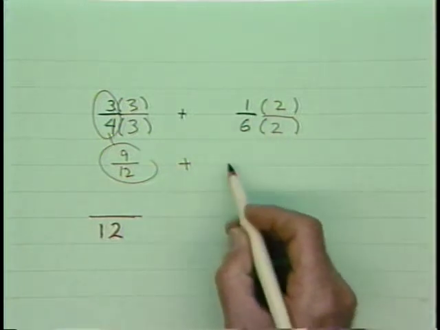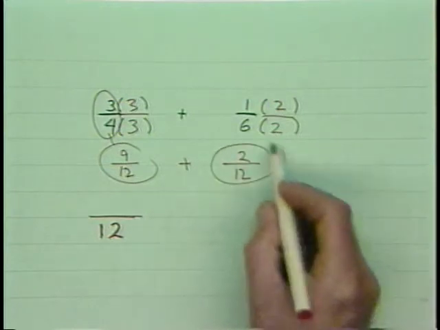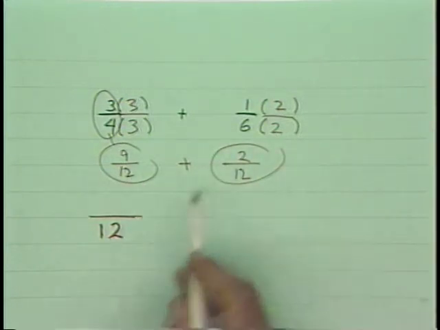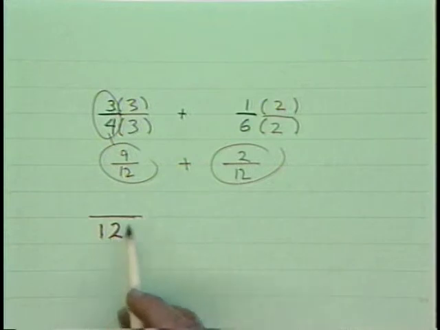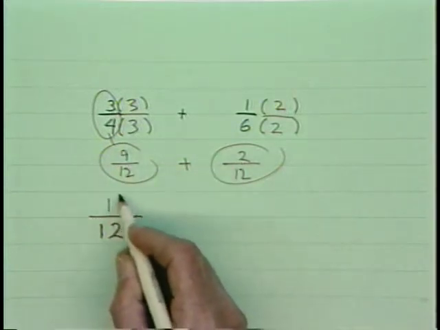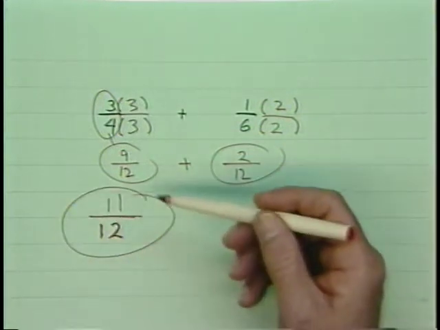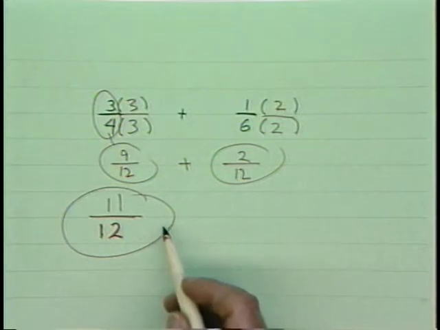And 1/6 similarly becomes 2/12. But now they have common denominators, which we got first, wasn't it? And that's what gave us permission to add the tops. And I have a fraction which is in proper form, and it is reduced.